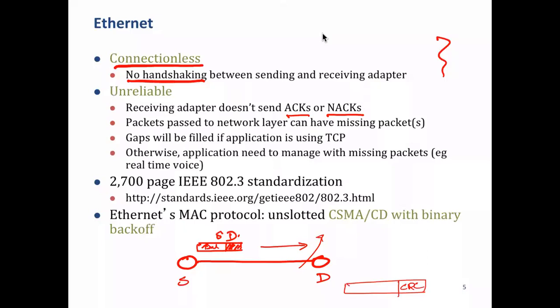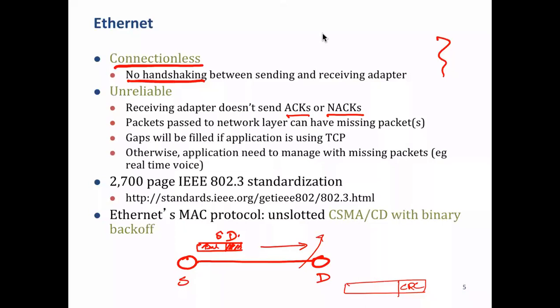Whatever packet is received, it could be in error. After the minimal check is done, it is passed on to higher layers. So what happens if the packet is in error or the packet is missed, the packet may be lost.